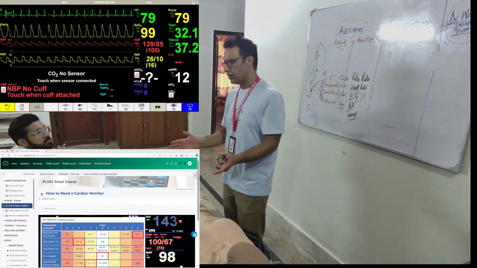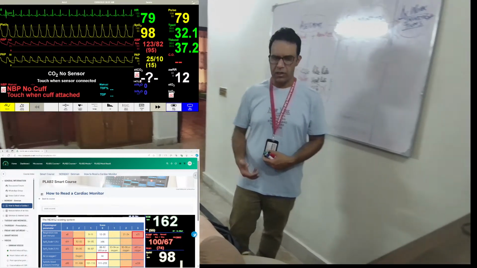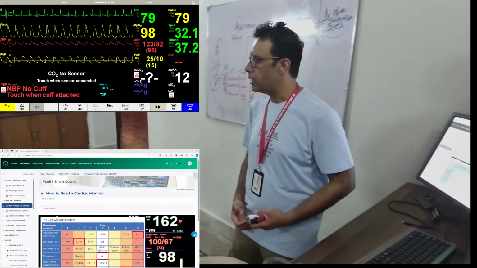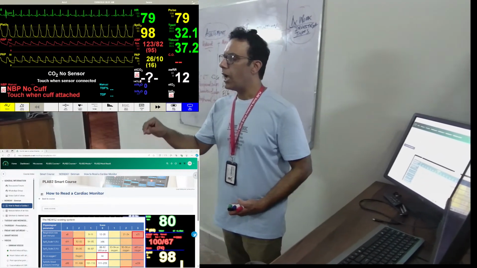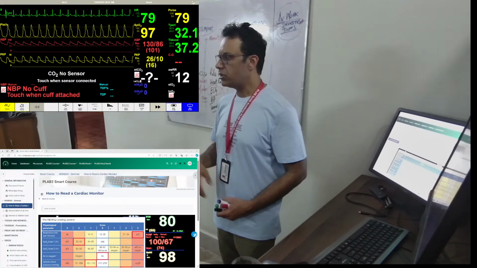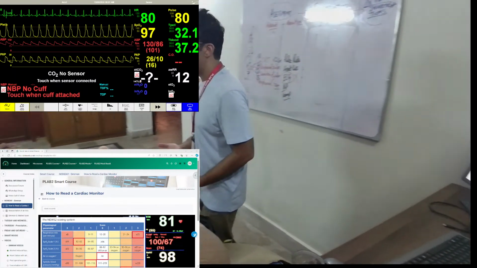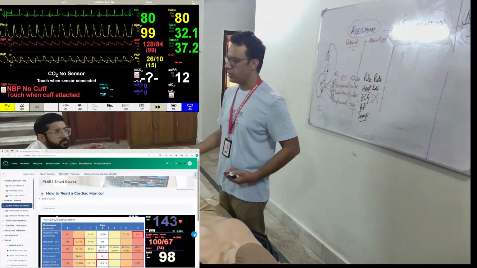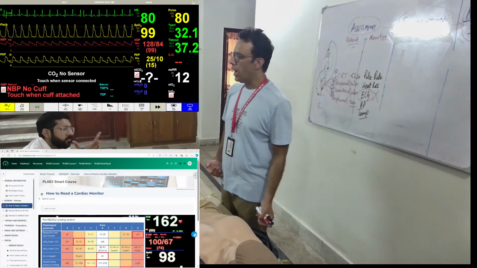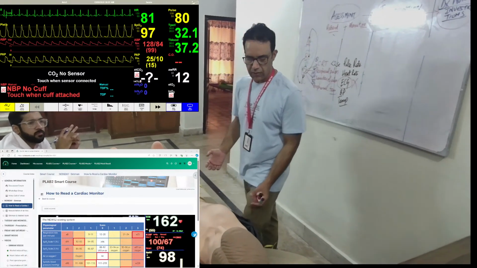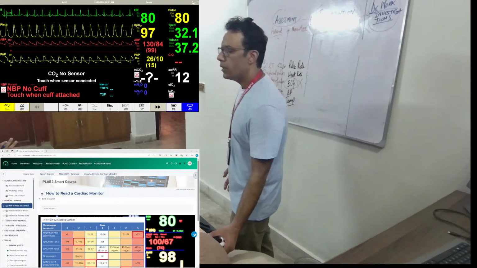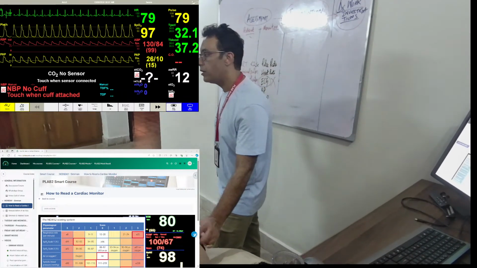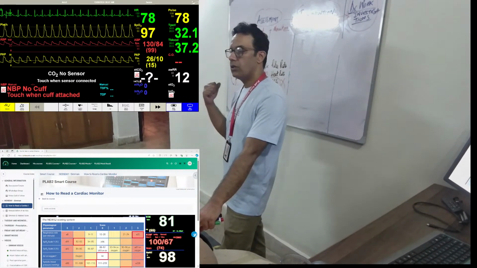Breathing is fine, respiratory rate is fine, oxygen saturation is fine. Or the patient who is hyperkalemic is sent by the GP because the GP is worried.